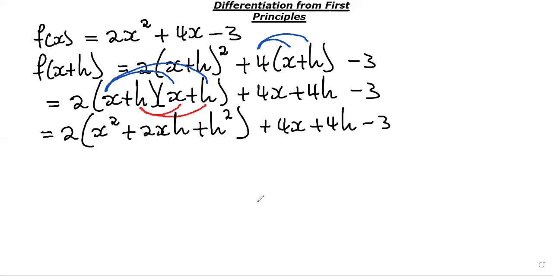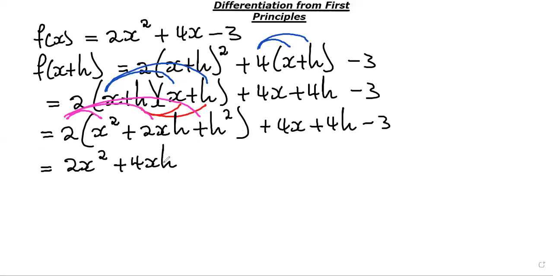Then from this point, we distribute our 2. So we say 2 times x squared, we get 2x squared. And then 2 times 2xh, it's 4xh.